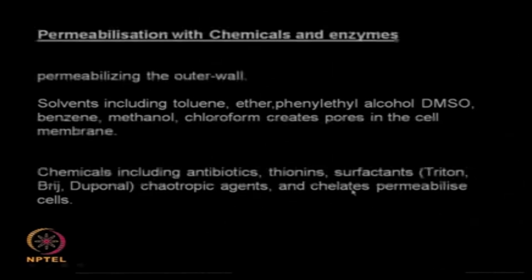We can also use chelators and even chaotropic agents; all these can be used to permeabilize the cell wall. Here they either eat away the cell material or they disturb the charged anions and cations present on the cell, which keep the cell integrity safe. That is what these chemicals do, whereas the solvents create pores in the cell membrane and allow the intracellular material to leach out.